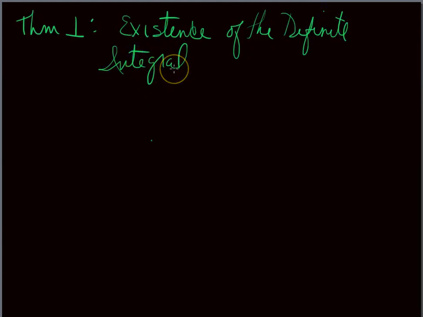Now you might say, why would you have to know that it exists? Well, it's a little bit important because you may want to just stop before you start trying to work something. This is if you've got a continuous function.